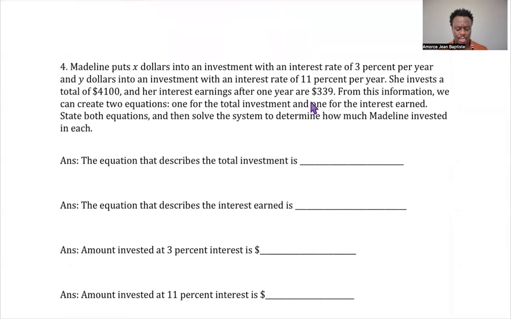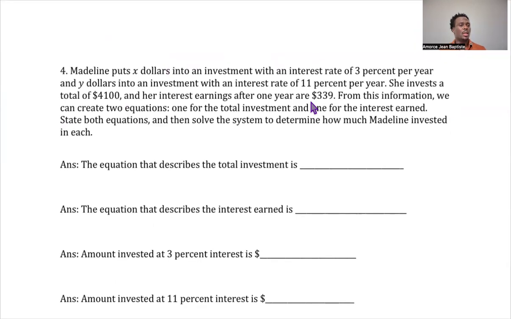Next example here. We have another situation. Madeline puts X dollars into an investment with an interest of 3% per year, and Y dollars into another investment with an interest of 11% per year.